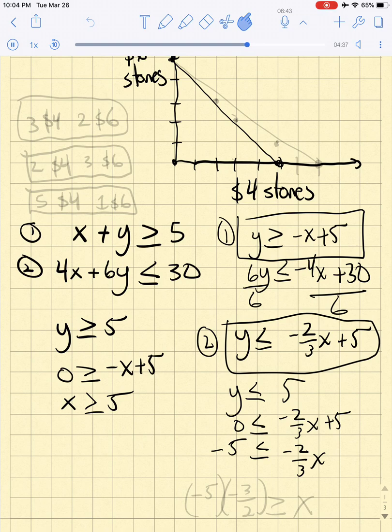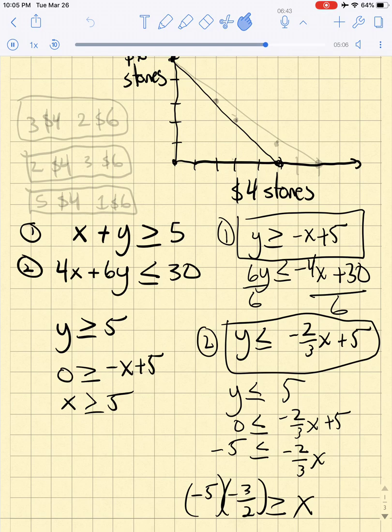I will get here x must be less than or equal to negative 5 times negative 3/2, which is going to be positive 15 over 2, and that's x.